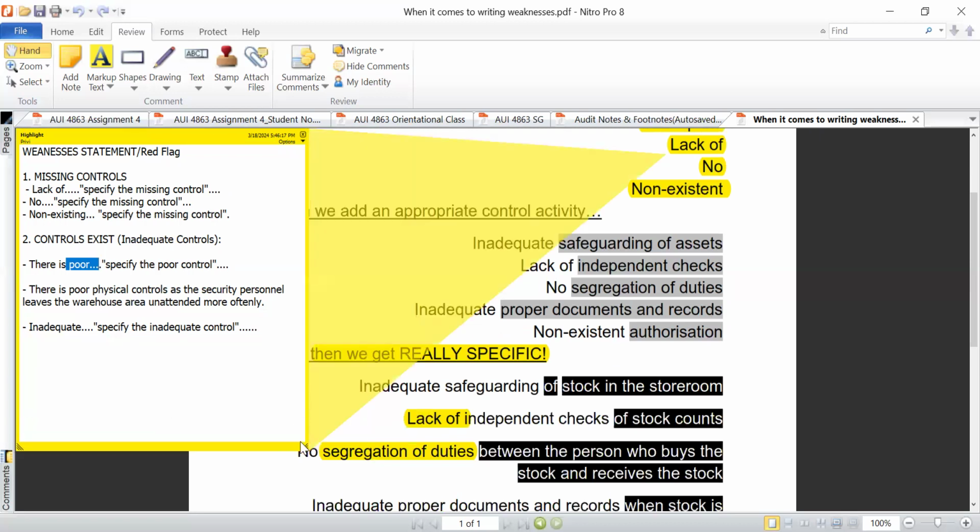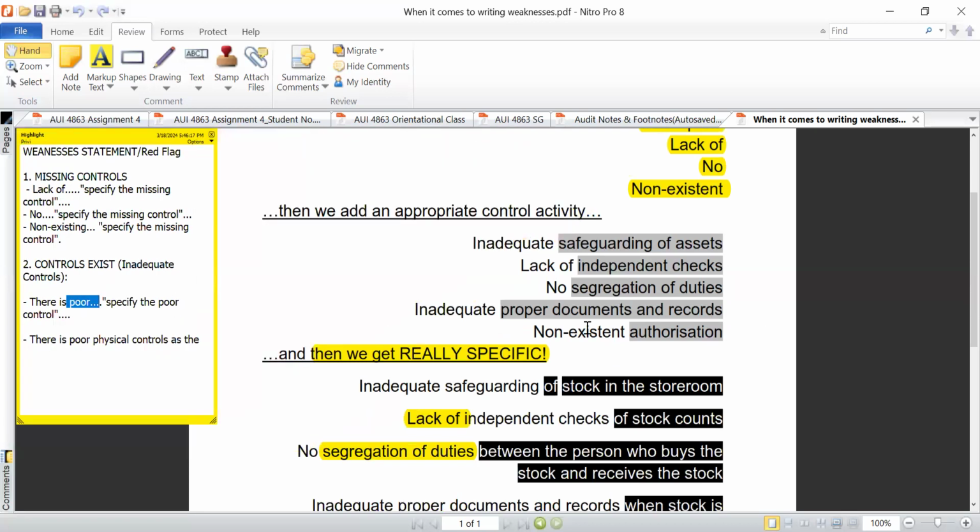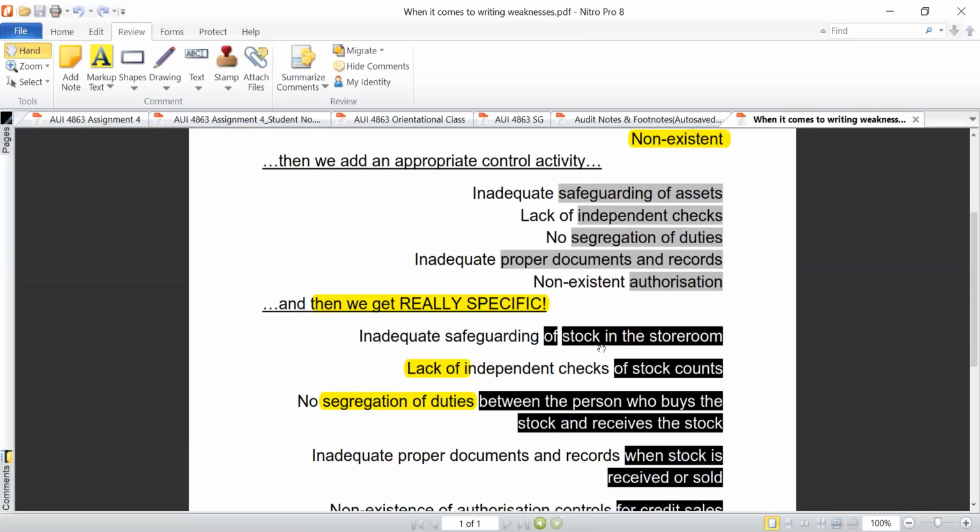Let me show you something that makes students lose marks. These things look simple, yes, but they are very strict when marking you in your exam and your assignments. It's very easy to lose marks and fail. So when you're drafting your weakness statement, ensure that you are very specific in terms of detail.